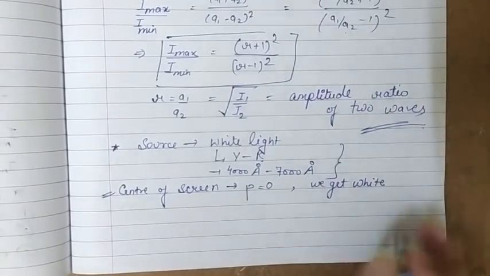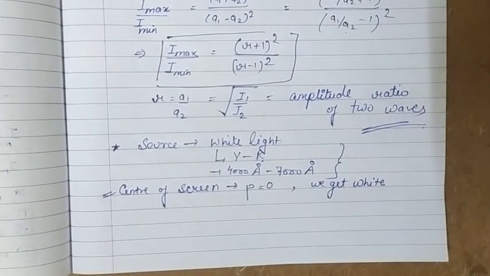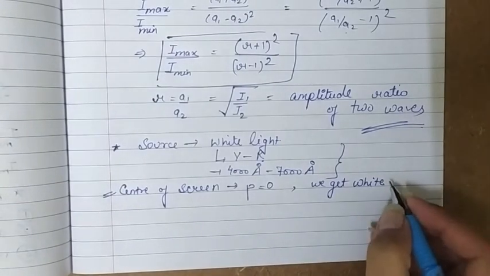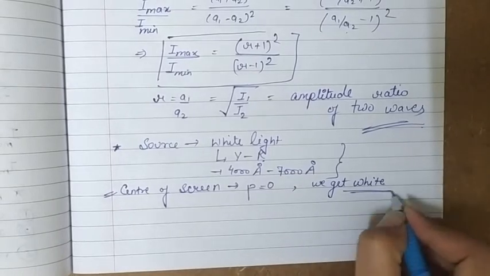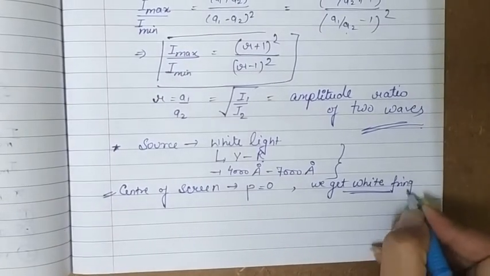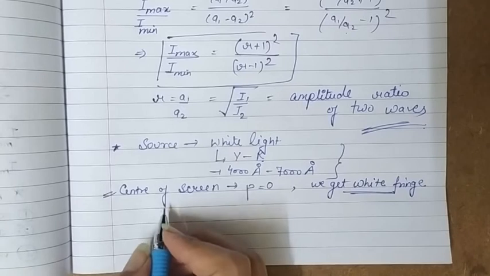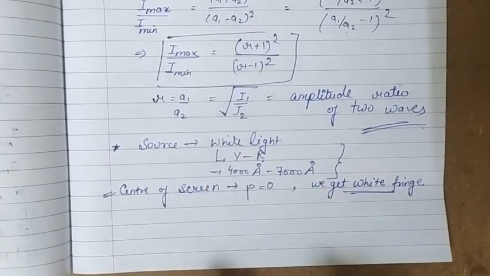The bright fringes of all different colors overlap at the center, and the central fringe will be white because there is no path difference there.